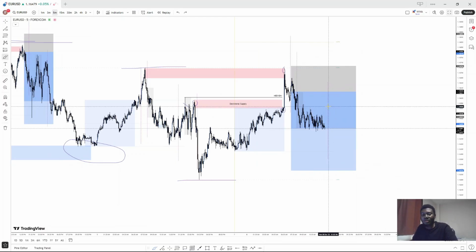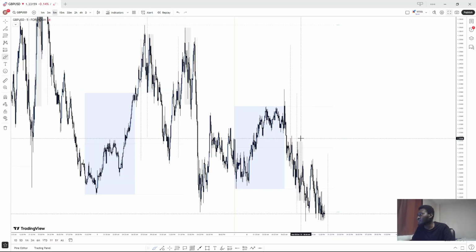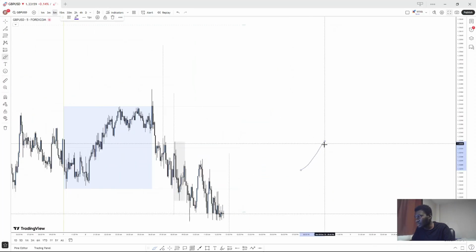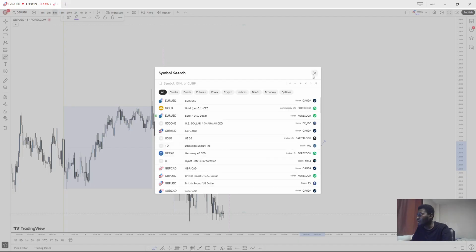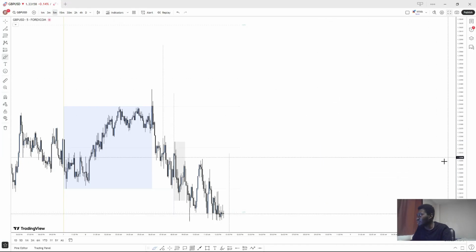So now let's look at the divergence with that. You see lower high, lower low, respecting lower high, forming lower low. Now let's look at GU. So see, when I say with respect to GU, this is what I mean.